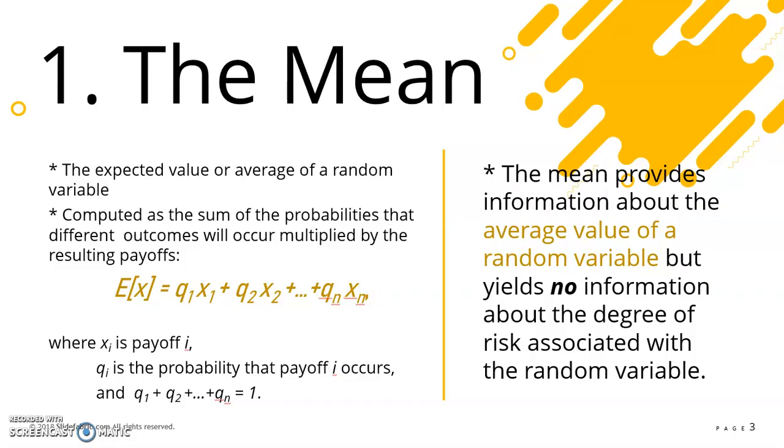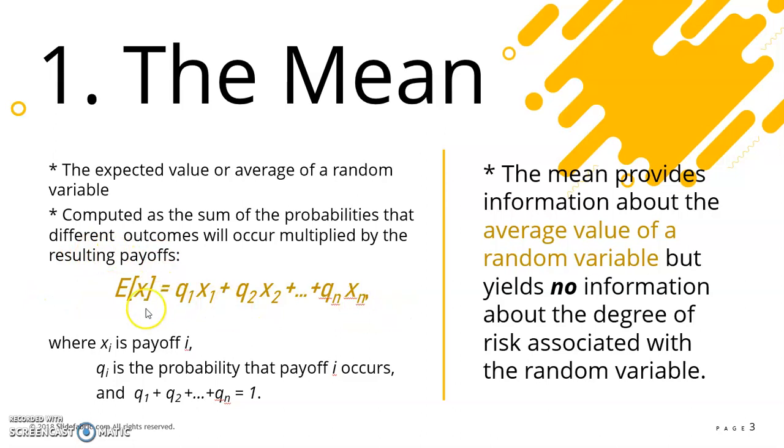Now look at the mean. The mean is the expected value or average of a random variable. It is computed as the sum of the probabilities that different outcomes will occur multiplied by the resulting payoffs.